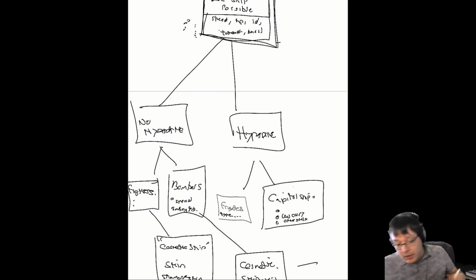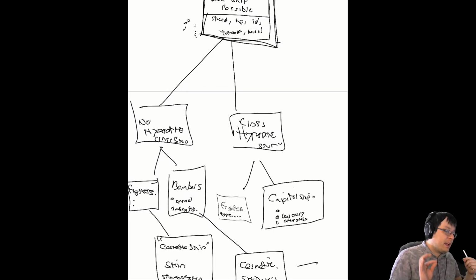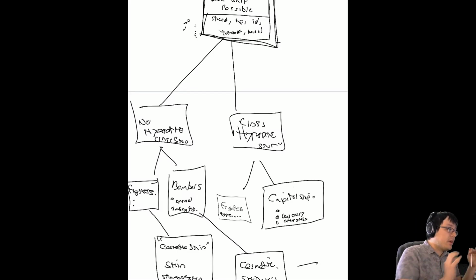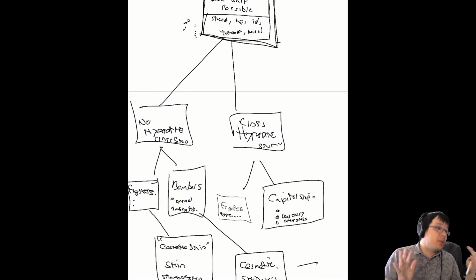But we can say that the hyperdrive class ship is a kind of ship, and the no hyperdrive class is a ship as well. So we can say that the capital ship is a hyperdrive ship. Okay? And then the bomber is a no hyperdrive class ship. That's one way that we can order this, which is what we have now.